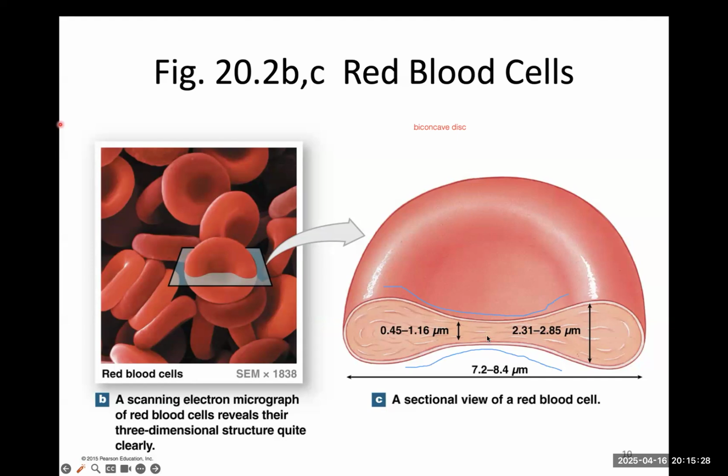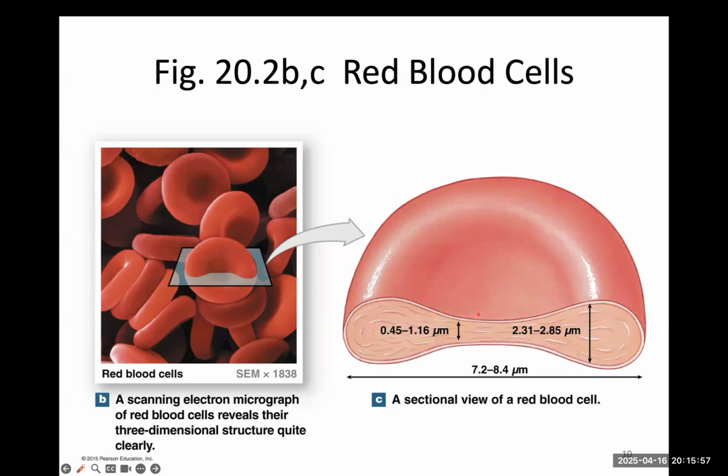Also, when you look at it under the microscope, I said the center kind of looks empty, like a donut, but that's not what's happening. The edges are much thicker compared to the center, and that's the reason there's not much color in the center. It might look white, very light in color, because it's biconcave.